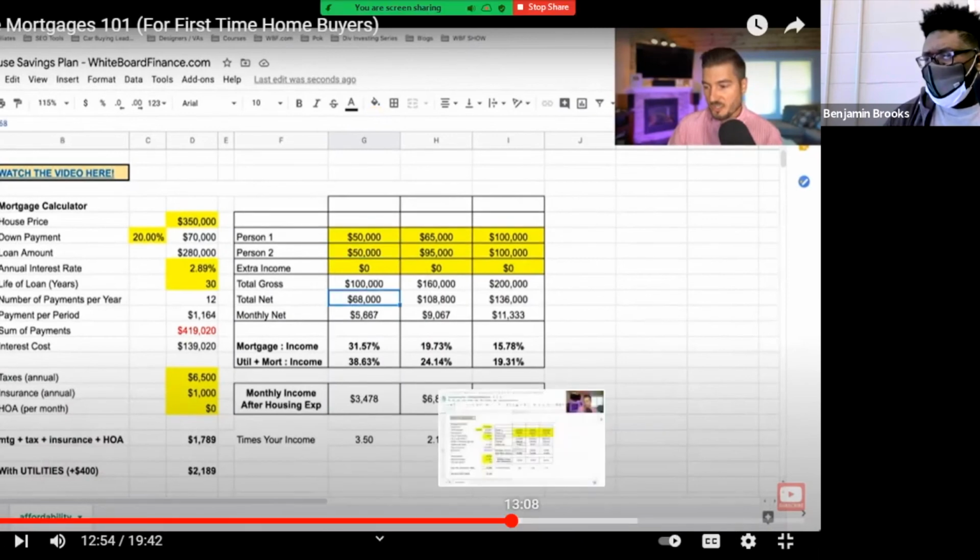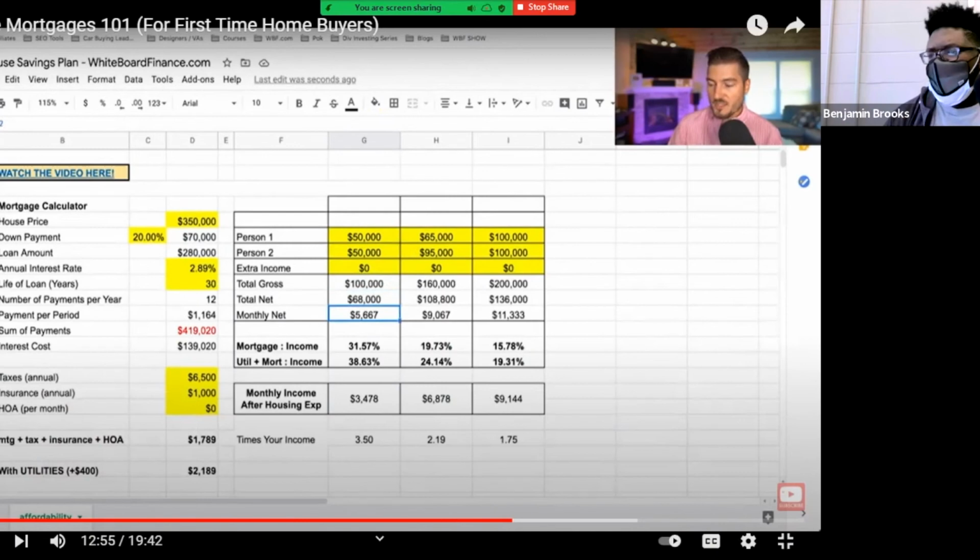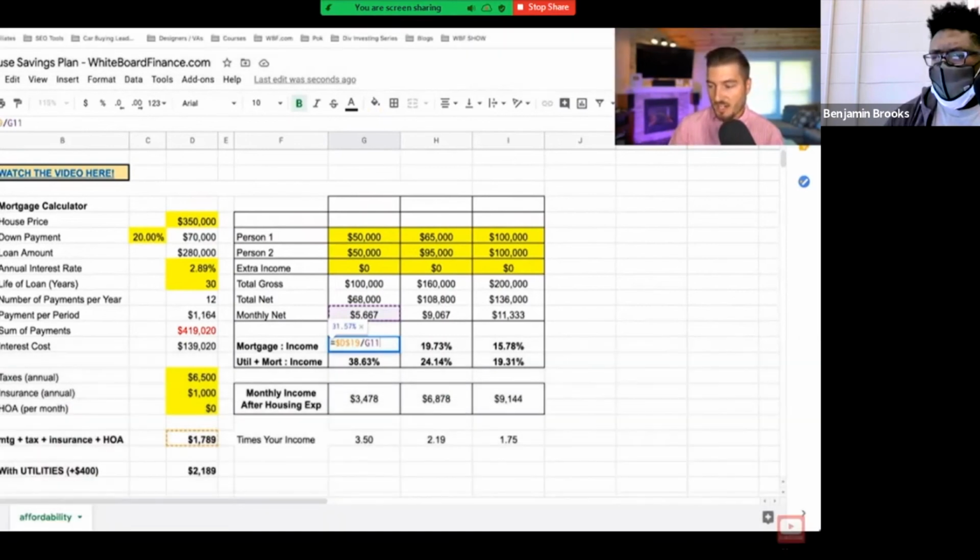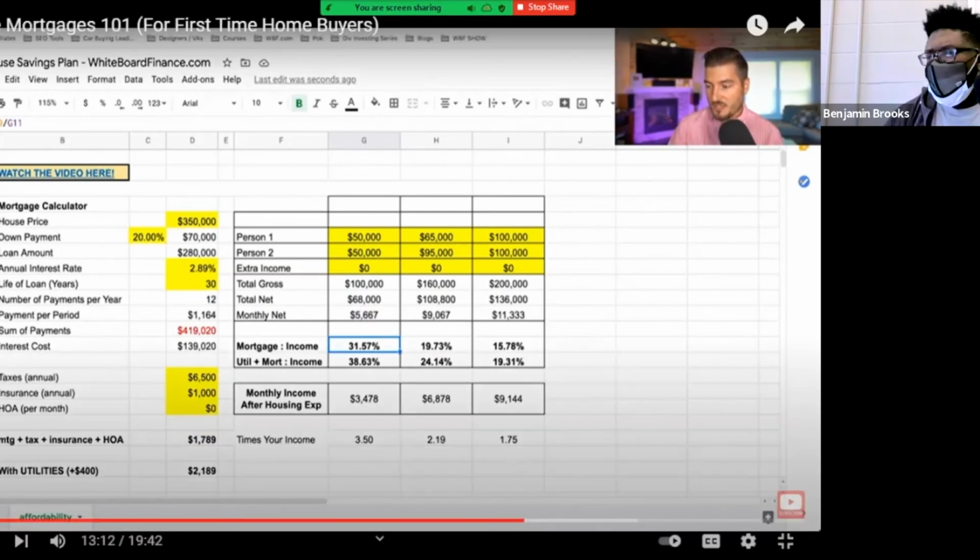Let's see what he's doing. On the top left, this results in a monthly net income based on these numbers of roughly $5,667. Now, the beauty of this is that you can actually see what percentage of your net income the mortgage, taxes, insurance, and HOA are taking up, and then you can see the second number with the all. Oh, I see what he did.